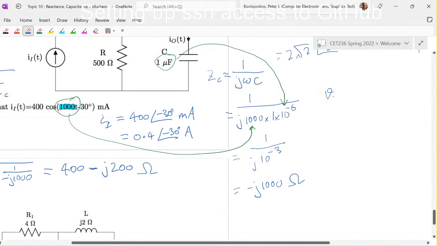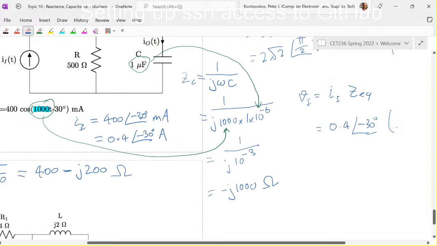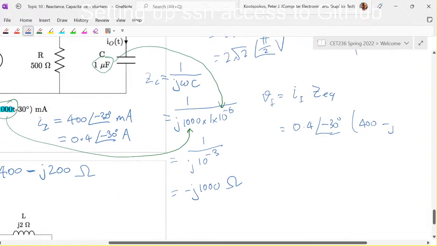So then our VI is II times Z equivalent, which is 0.4 angle minus 30 degrees times 400 minus J200.